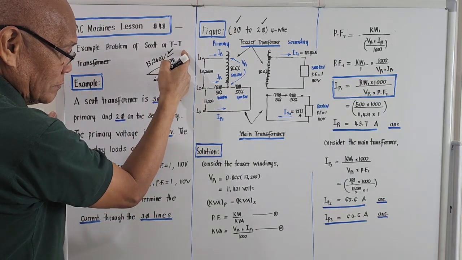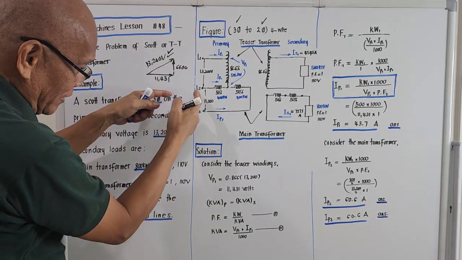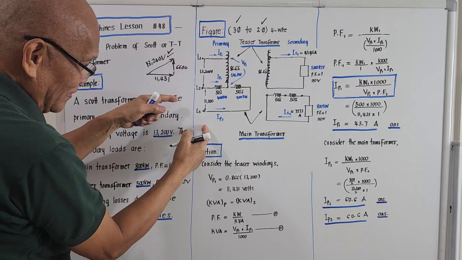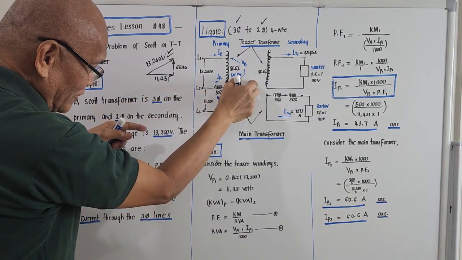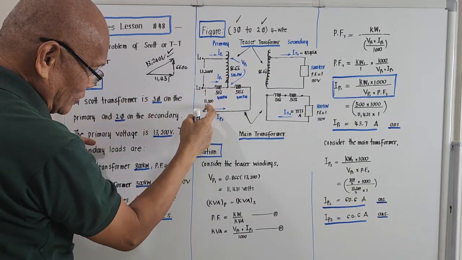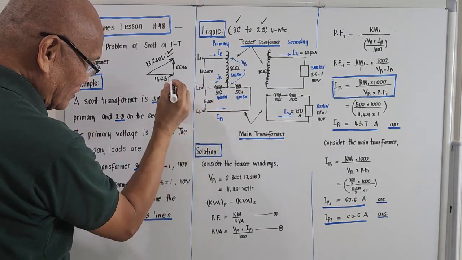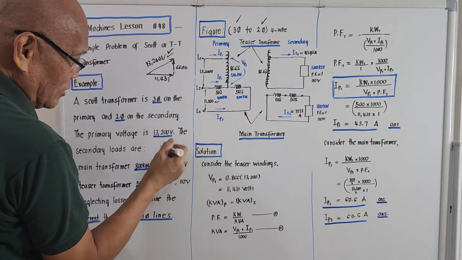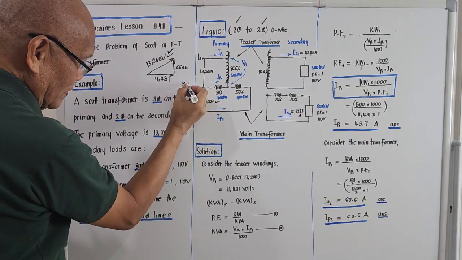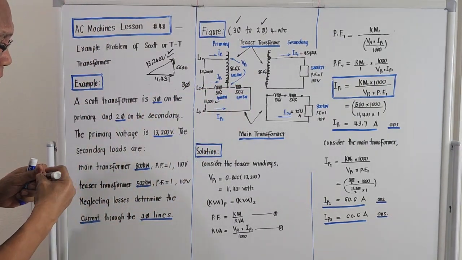And for line 2 and line 3, this is 50% of 13,200 and 50% of 13,200, and the vectorial sum is still 13,200. So this is three-phase on the primary side.